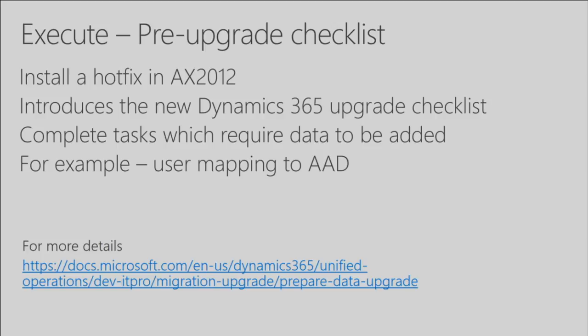For example, a sample tool it has is the mapping of your users to their AAD equivalent, because as you know, finance and operations uses Azure Active Directory for authentication. So that checklist, you go through it on your AX 2012 environment, and you should complete it. Also, a link to the docs that have more details of what this entails.